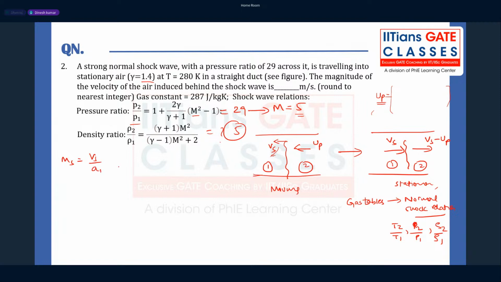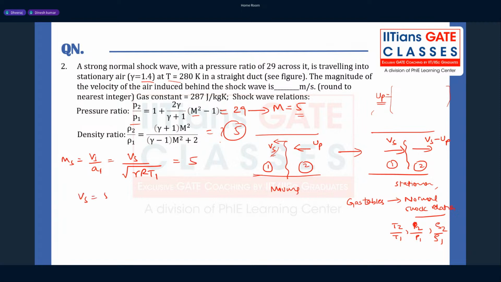And A1 is nothing but root over gamma R T1.